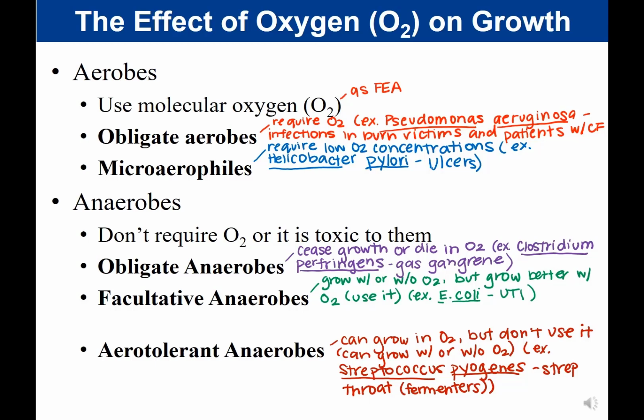It's not going to use O2 even if O2 is present. Other types of bacteria that would fall under being aerotolerant anaerobes are some Lactobacillus, for example, other Streptococcus species, etc. They grow with or without O2, but they don't use it. And so again, you want to be careful. That's the distinction between the facultative anaerobes and the aerotolerant: the facultative anaerobes can grow in both conditions, but if O2 is present, they will use it. Aerotolerant is not going to use it.